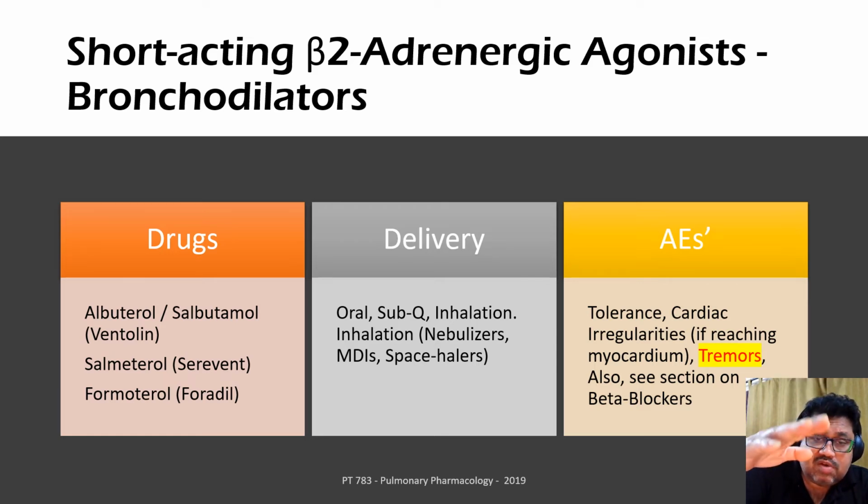The tremors are very visible in the hands but can be in other body parts. These tremors will not go away because the patient will continue to need these drugs, and these tremors are secondary side effects of that. You can refer to the beta blockers section for additional details in cardiopulmonary or especially in cardiac pharmacology separately.